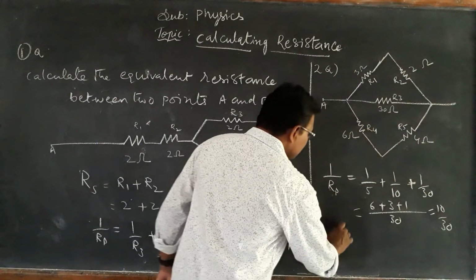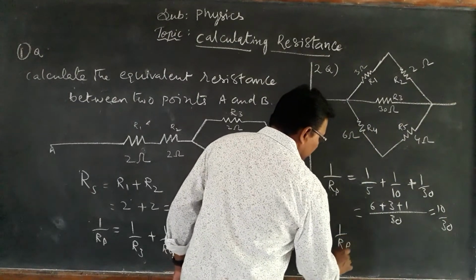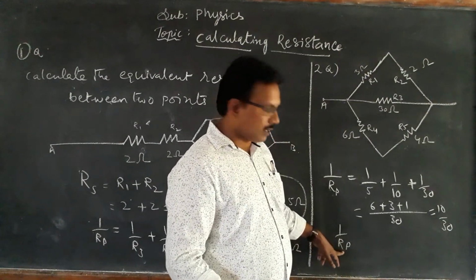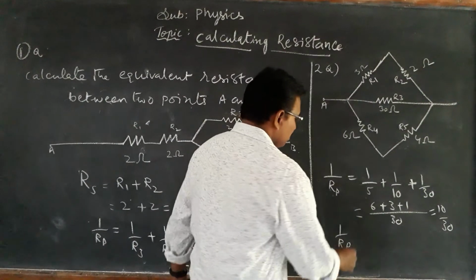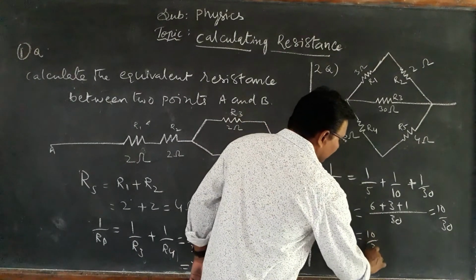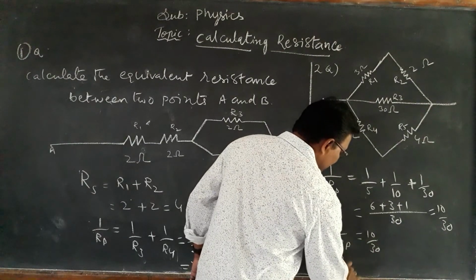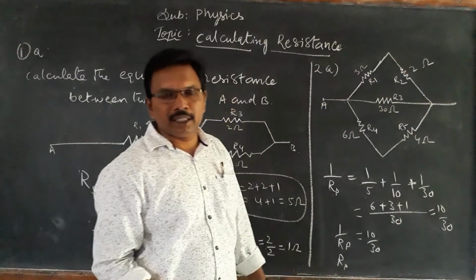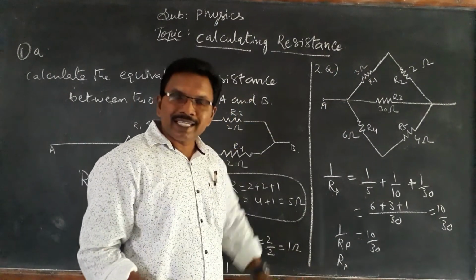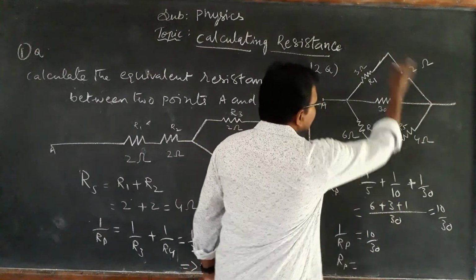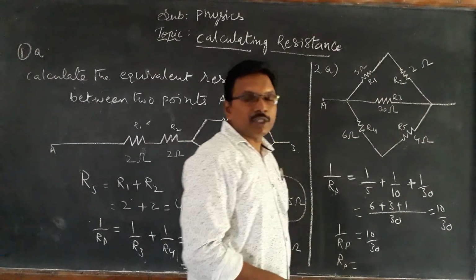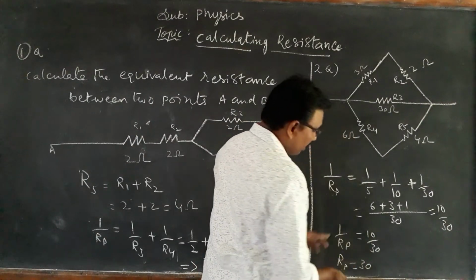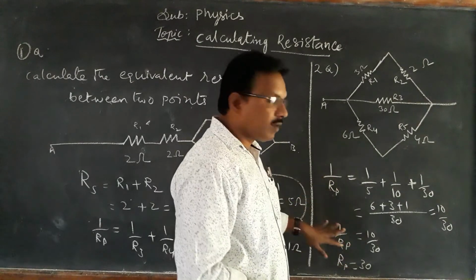So 1 by Rp is equal to 10 by 30, where Rp means the total resistance of the parallel resistance. Now if you want the total resistance of the parallel connection, take the reciprocal.